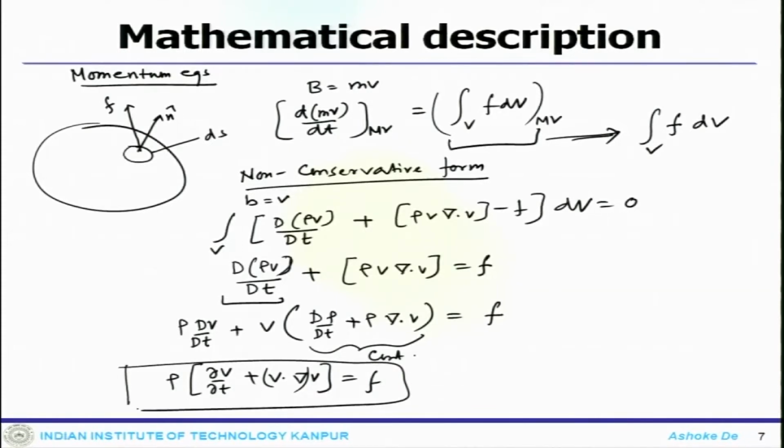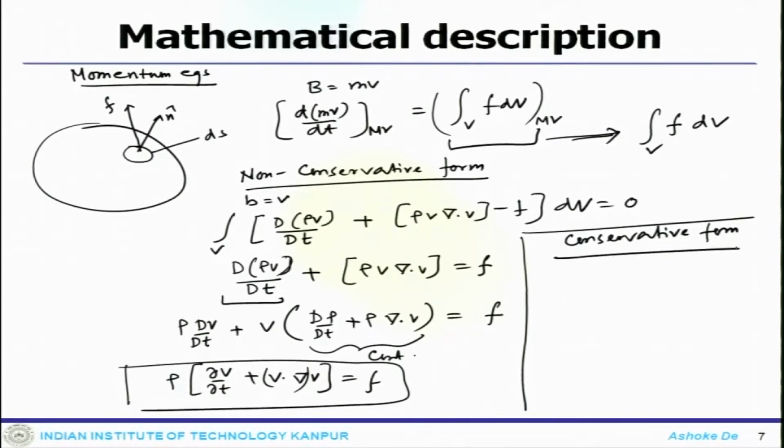Now, at the same time I can have the conservative form. To have the conservative form I can use the other system. The conservative form should be written like ∂/∂t of ρV plus ∇·(ρVV) equals f.